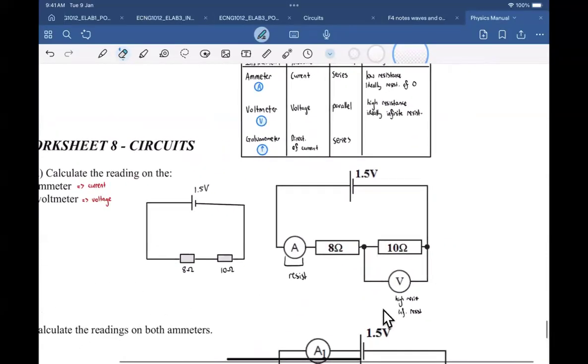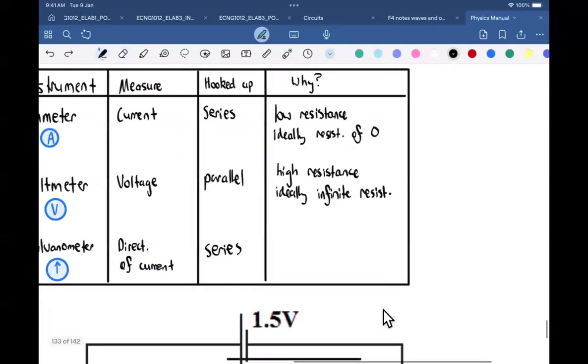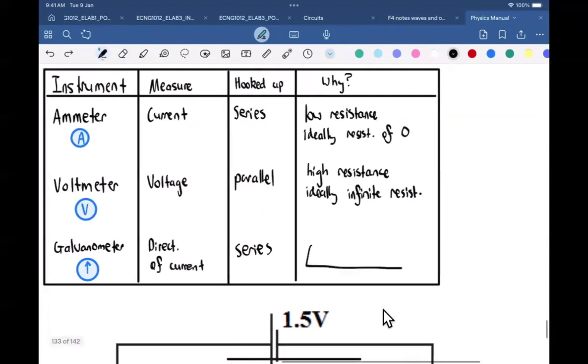So now that we understand this, oh wait, guys, one more thing, the galvanometer. Since the galvanometer deals with current and is a series connection, ideally it's supposed to have a what? Tell me fast. A galvanometer is kind of like an ammeter.